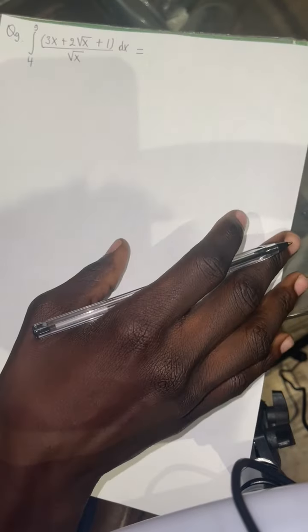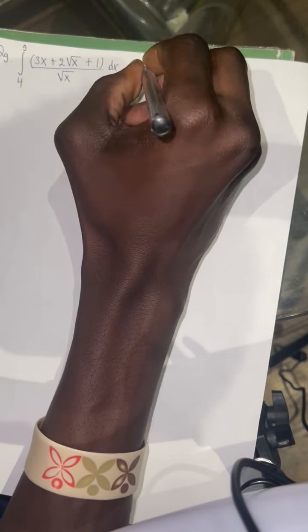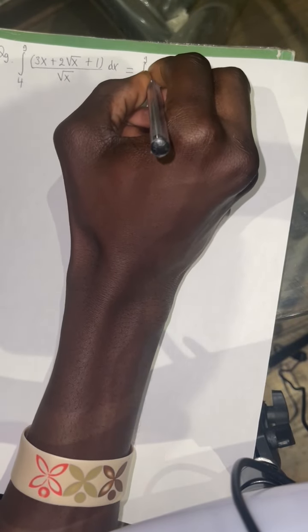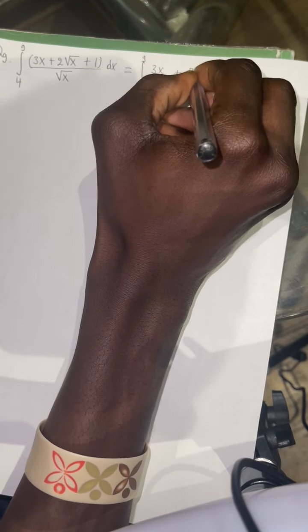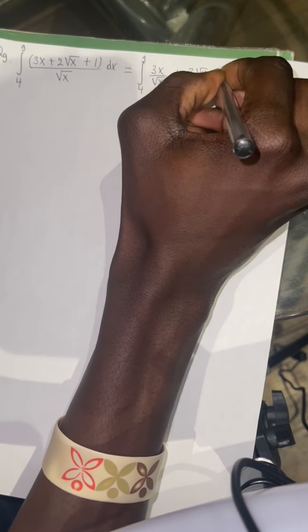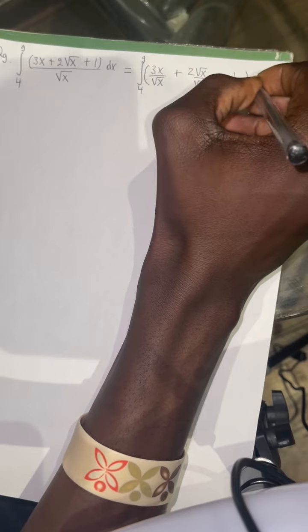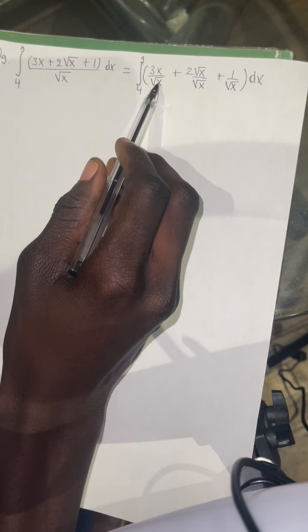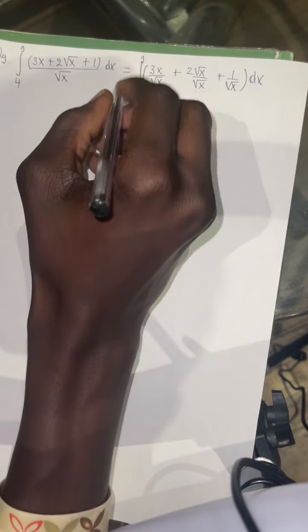What I will do there, I'm going to write again the integral from 9 to 4 of 3x divided by square root of x plus 2 square root of x divided by square root of x plus 1 divided by square root of x, all dx. So I just divide this equation on both sides by square root of x. This and that one have the same notation.